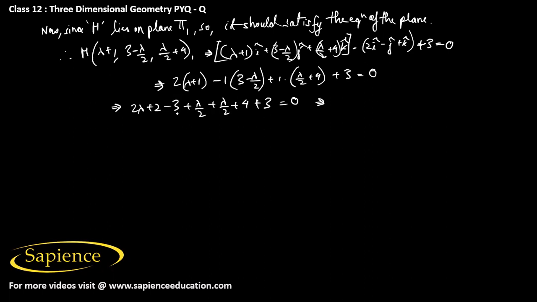Then 2 lambda plus lambda is 3 lambda, and 3 and 3 cancel, so this will be 3 lambda plus 6 equal to 0. So 3 lambda equals minus 6, then lambda equals minus 2.